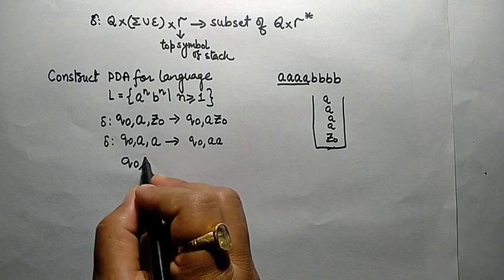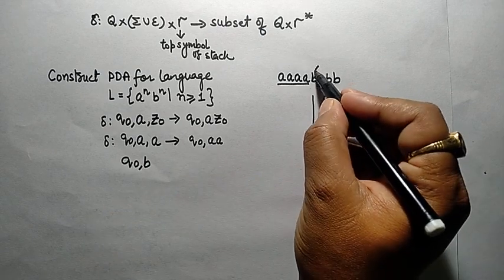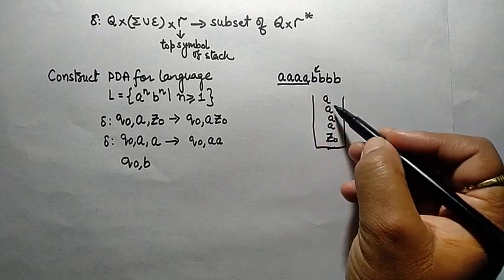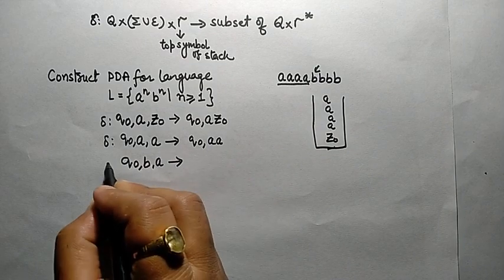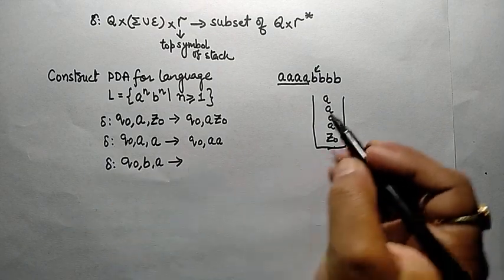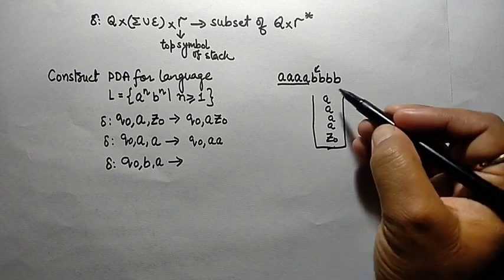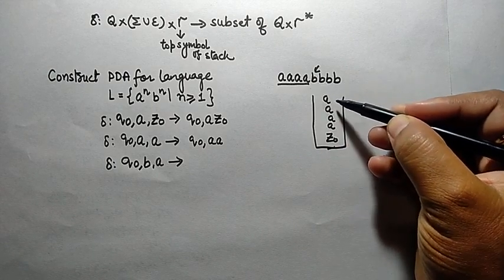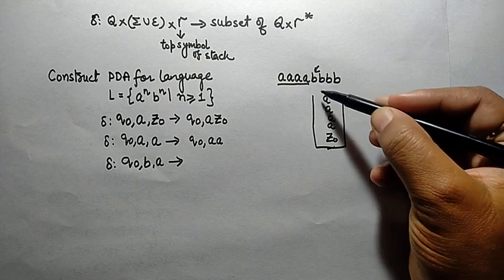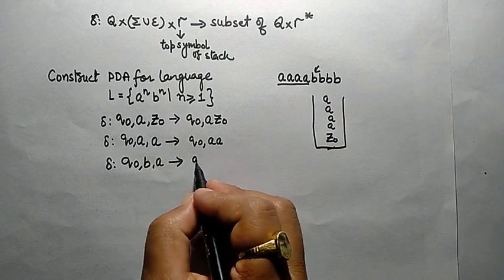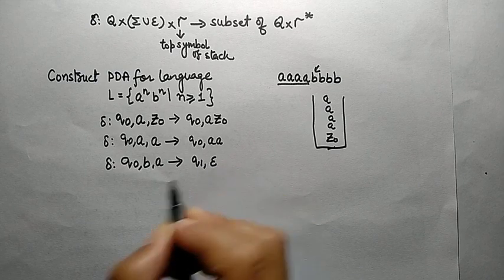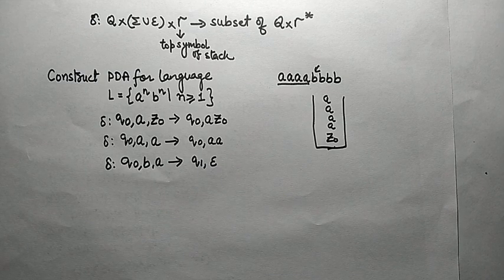Now B will come and it will read A on the top. So there will be A on the top. Now what will we do? We will just pop this A out. So on reading 1 B, we will pop 1 A. When we do the pop operation, we write epsilon here.